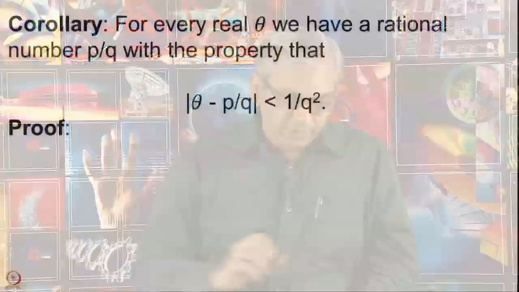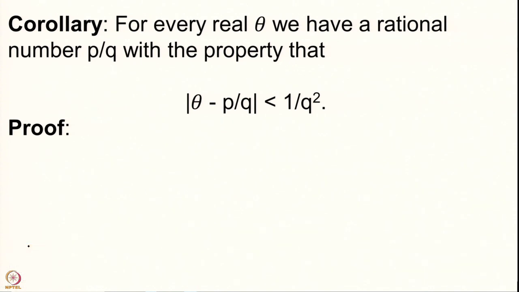In fact, if you have an irrational number, then you have even a better such approximation. So, whatever we have proved so far implies this corollary.